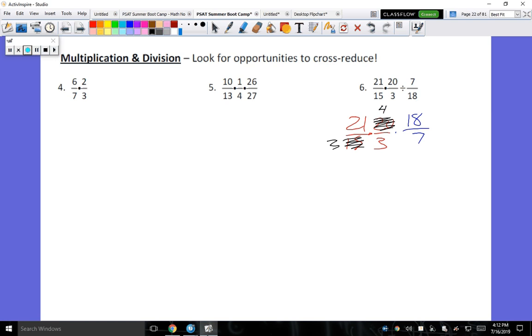Check this out. 21 and 21. Let me show you that again. 21 is right here, because it's multiplication, and 21 right here. Okay? Now what? 3 and 18. So what's my final answer? 24.